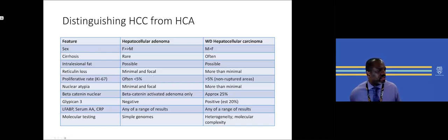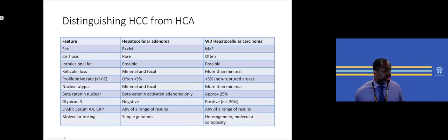Reticulin loss, if it's more than minimal and focal, I really think that that is diagnostic of a well-differentiated hepatocellular carcinoma. And a proliferative rate that's greater than 5% in a lesion that hasn't been ruptured, I think also will strongly support the interpretation of an HCC.